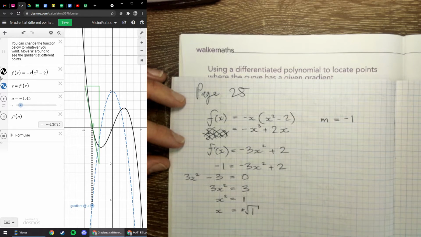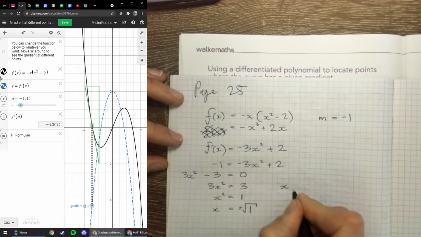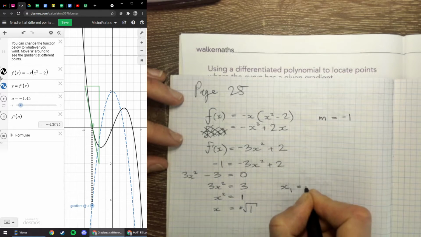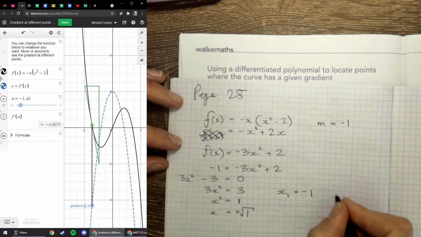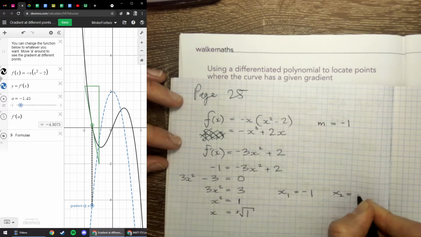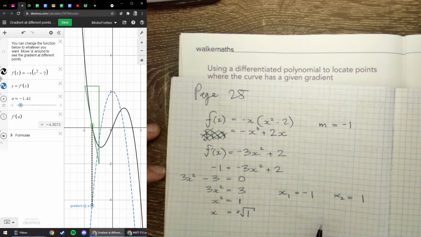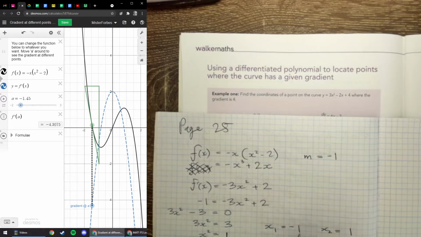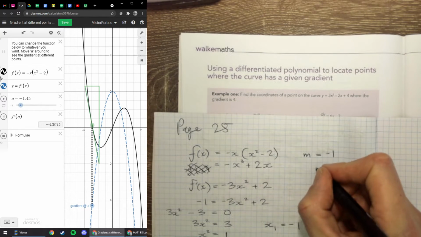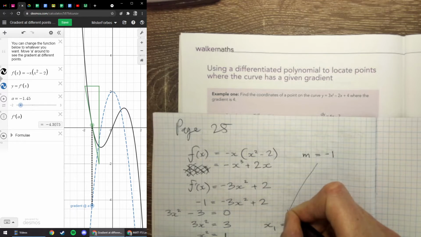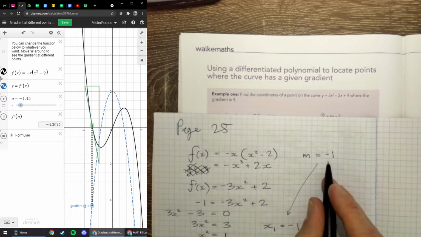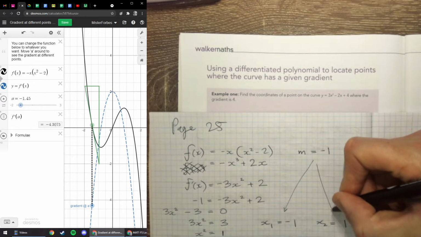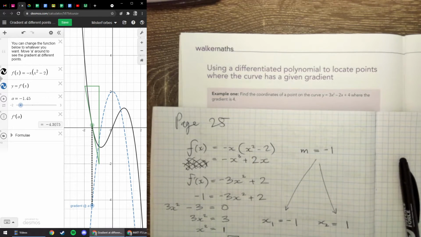What's the square root of 1? It's 1. So x1 is going to be the smaller of those, the negative one, and x2 is going to be the bigger of those, the positive one. So we have just located the points where the gradient is negative 1. When x is negative 1, the gradient's negative 1, and when x is positive 1, the gradient is negative 1.